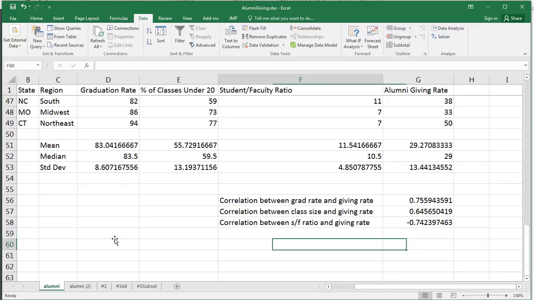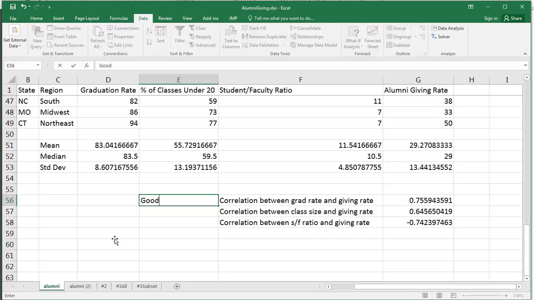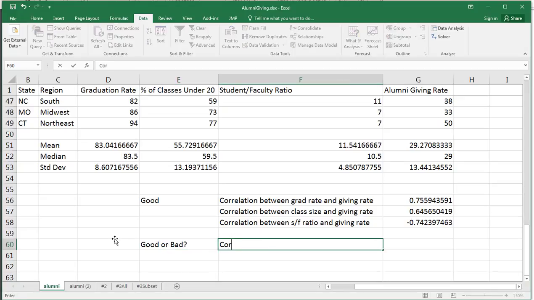Let's do down here. We want to check the correlation between grad rate and percentage of classes, class size is what we called it before.